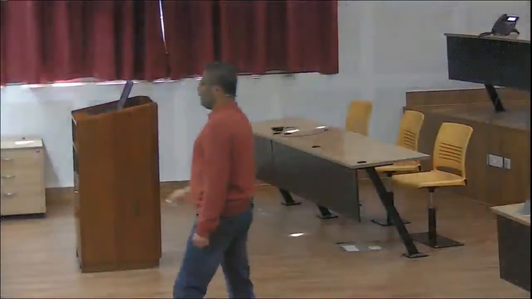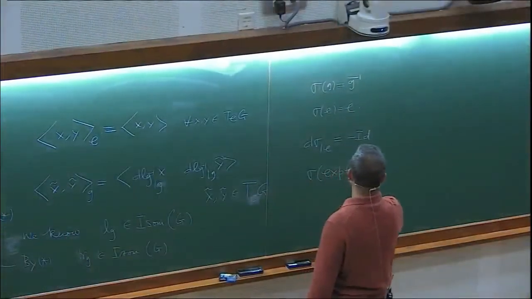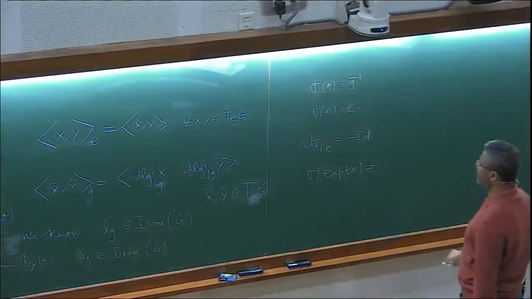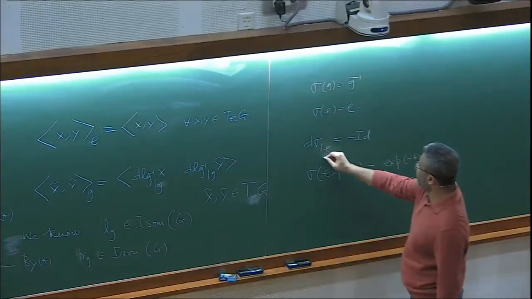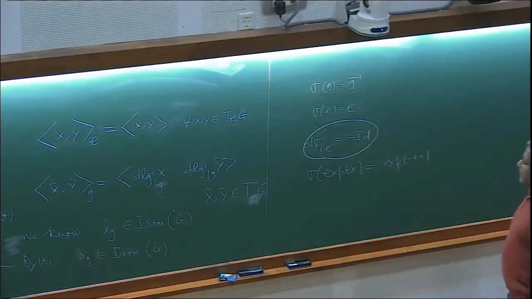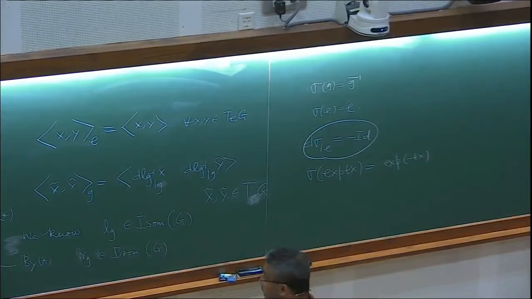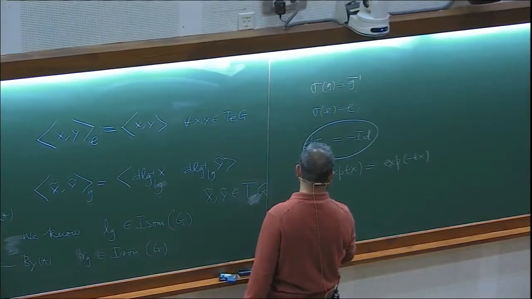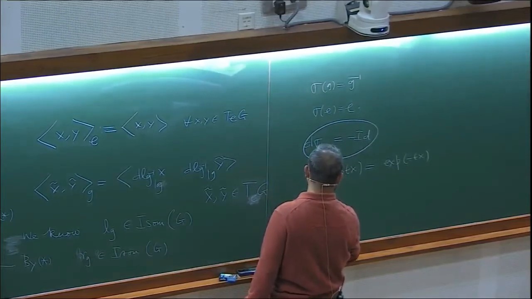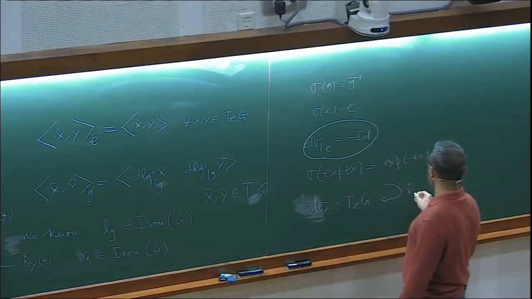Because sigma of exp(tx), this is the Lie group exponential map, becomes exp(minus tx), and this is why I have this. Multiplying by minus 1 in any inner product space is an isometry. So this is a linear isometry.